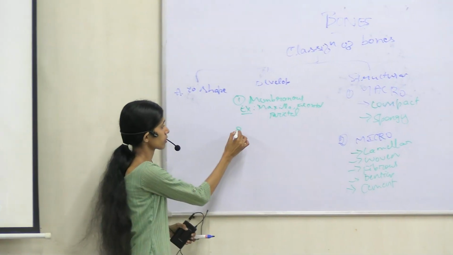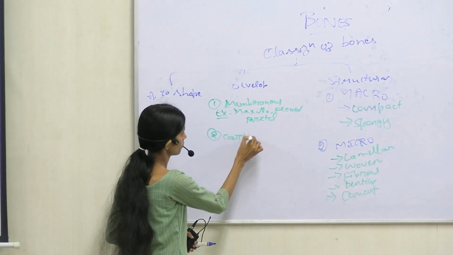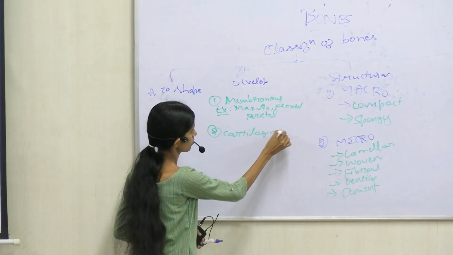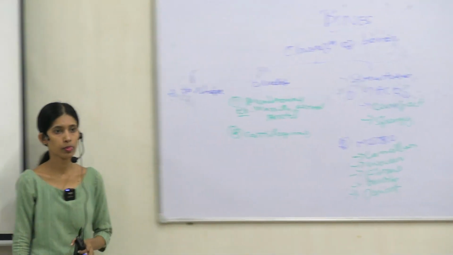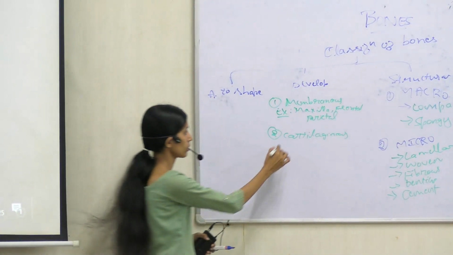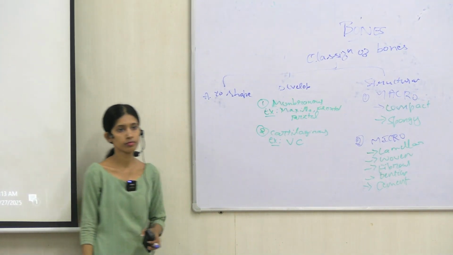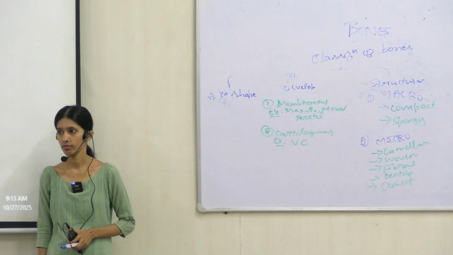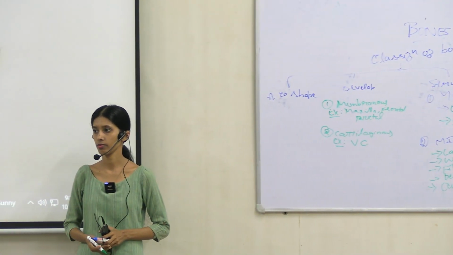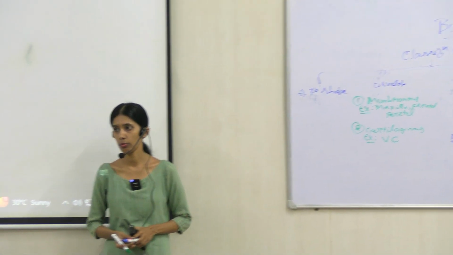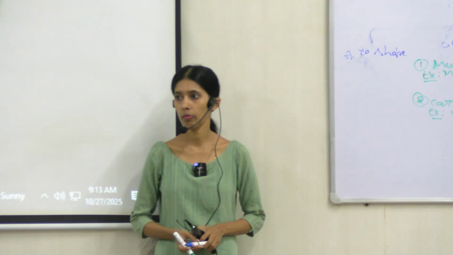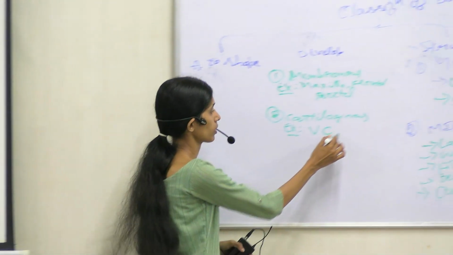The second one is cartilaginous bone. Examples? Vertebral column, okay. What are the examples for cartilaginous bone? Thoracic cage, okay.